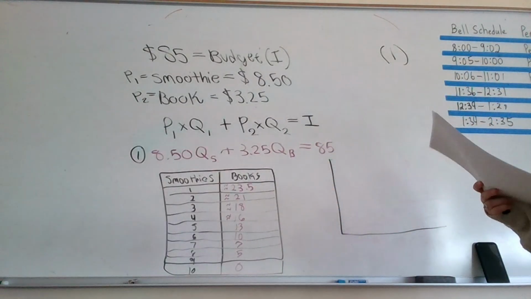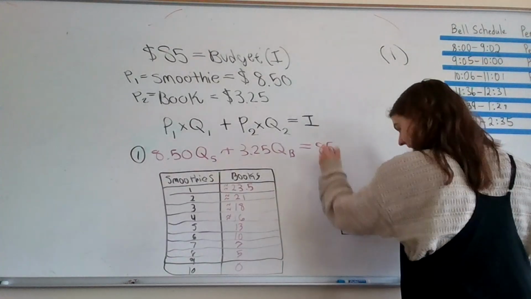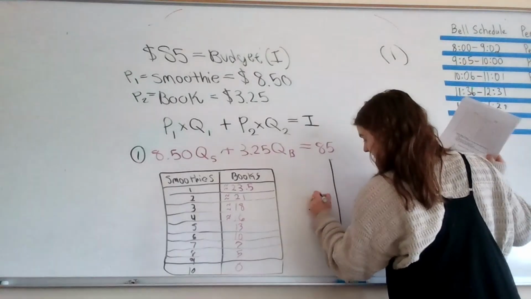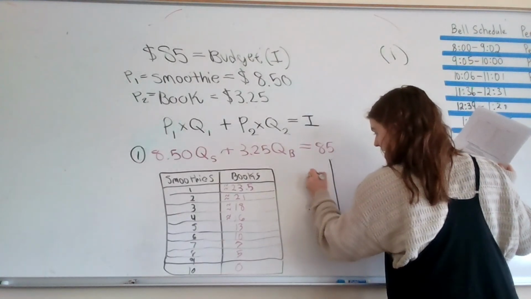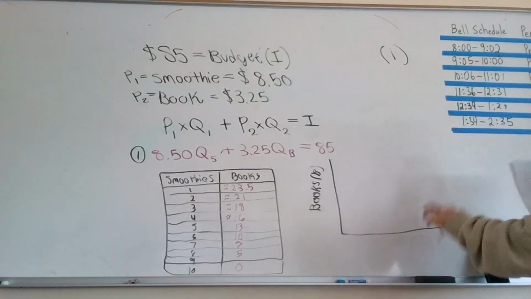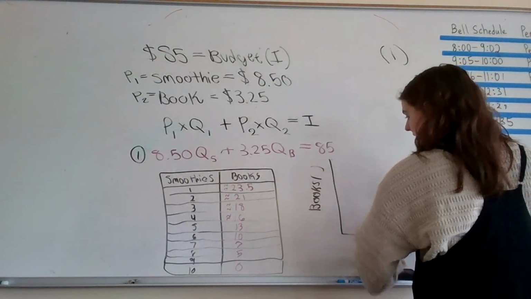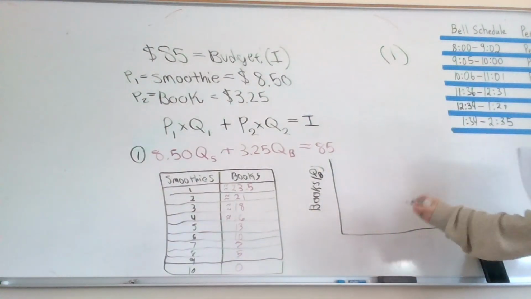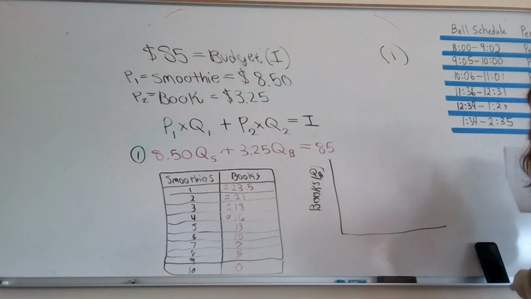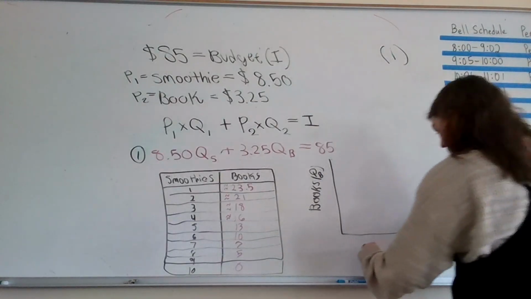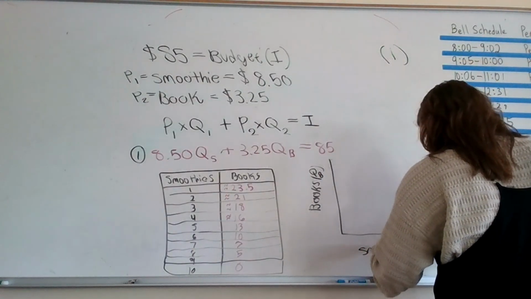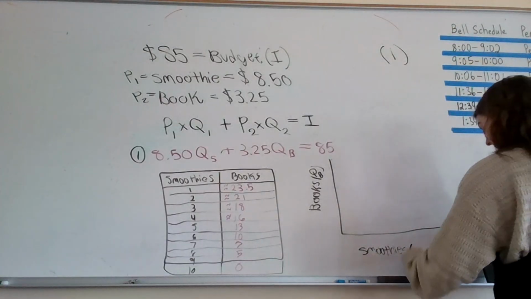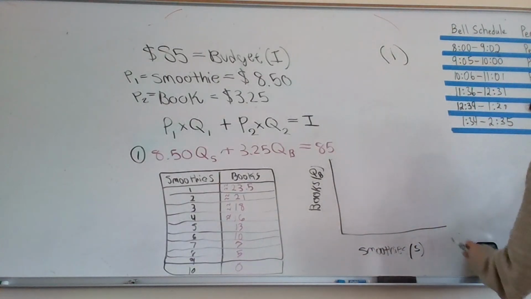In this case, we're going to say that our y-axis is going to be our number of books, or the quantity of books, if you want to put that Q back in. Q books. And our x-axis, this horizontal one here, is going to be our smoothies. Right? Or that S. Or Q_S.